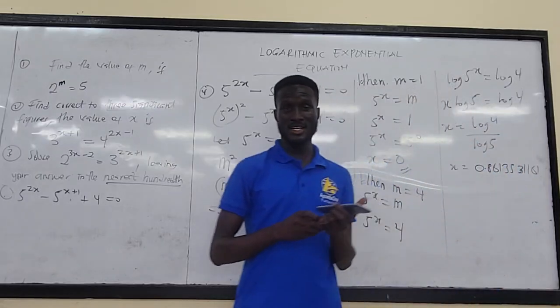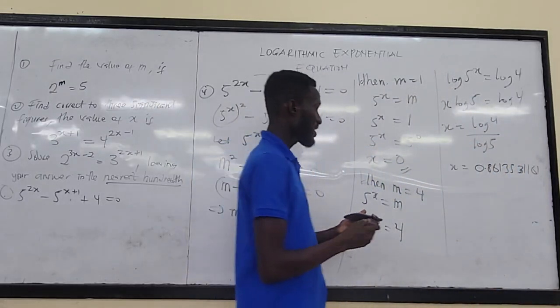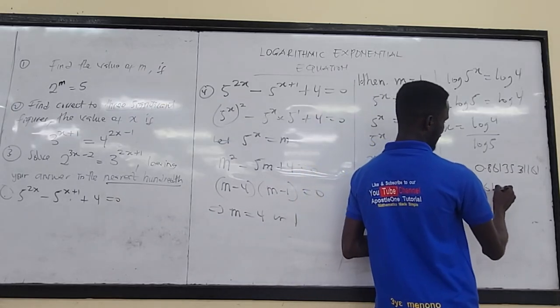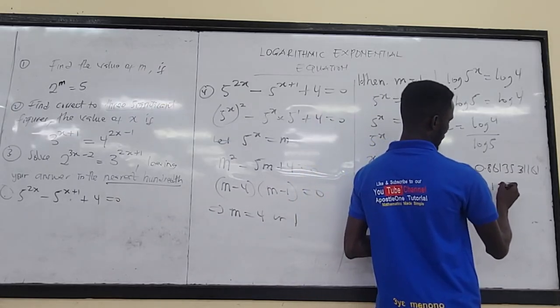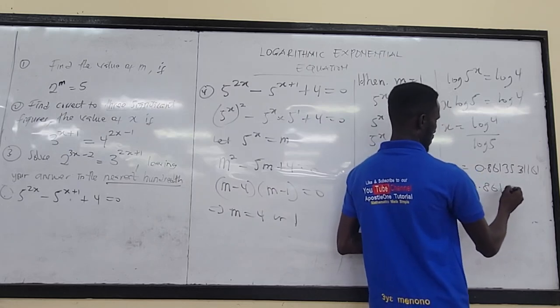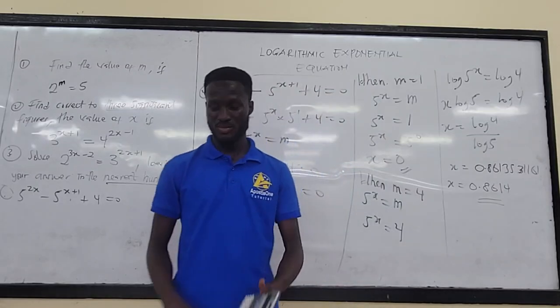Don't forget that I said if nothing was given, leave your answer in 4 decimal places. So this one, let me leave the answer in 4 decimal places: 0.8614. Now I have left the answer in 4 decimal places.